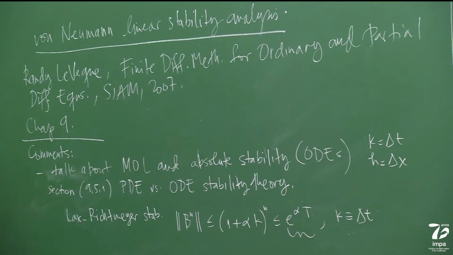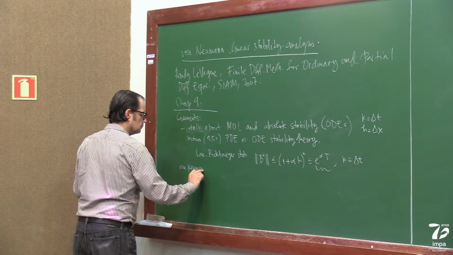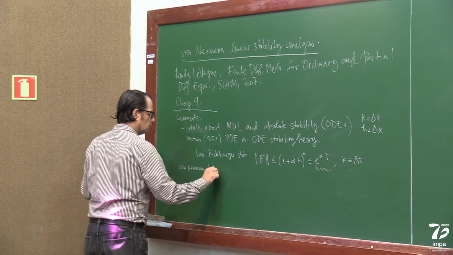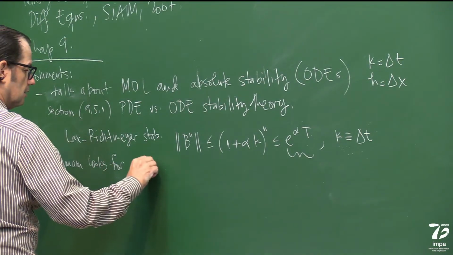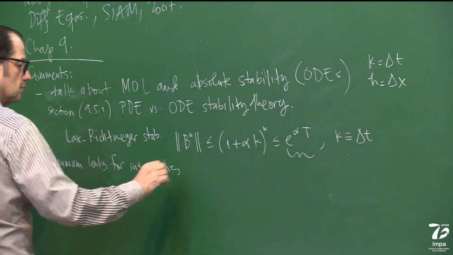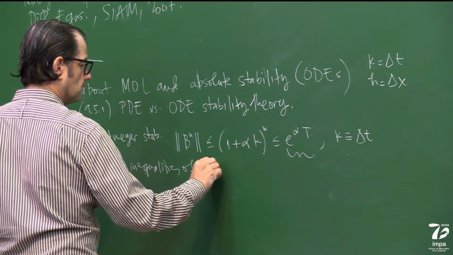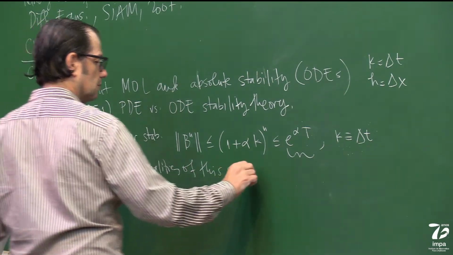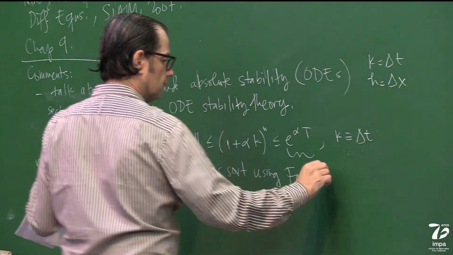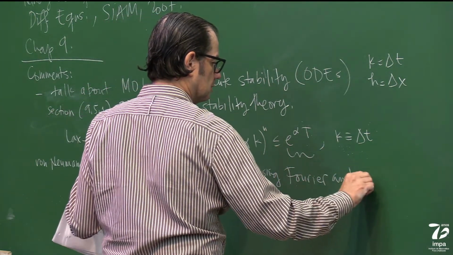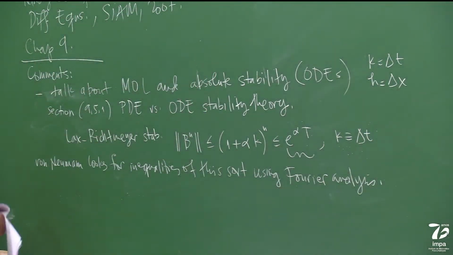So basically, von Neumann sort of looks for inequalities of this sort using Fourier analysis, which, needless to be said, is for what?